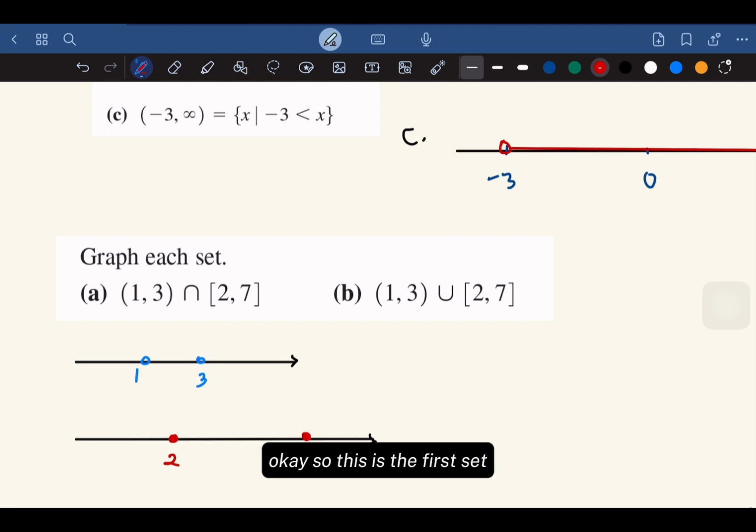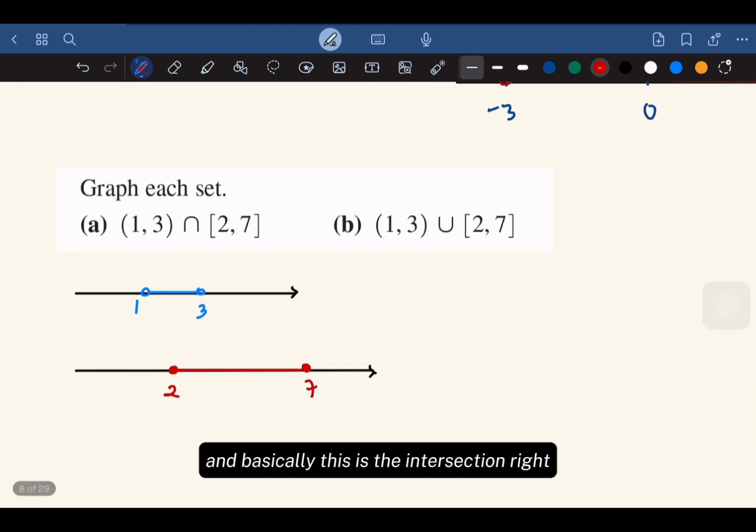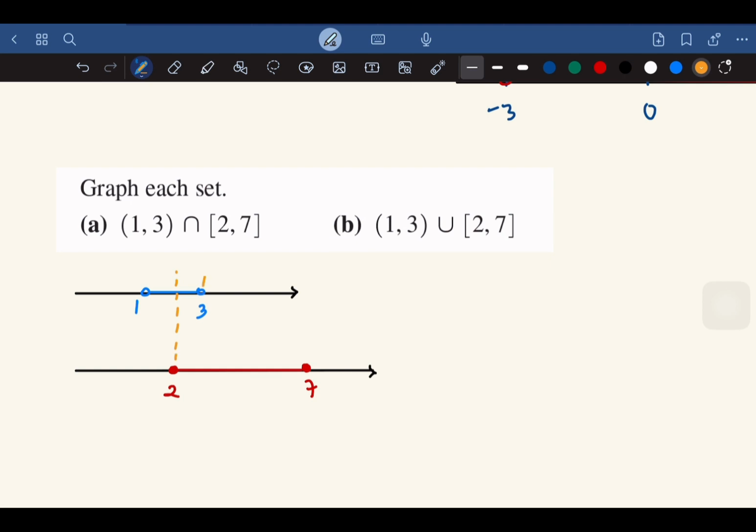So this is the first set, and this is the second set. And basically, this is the intersection, right?